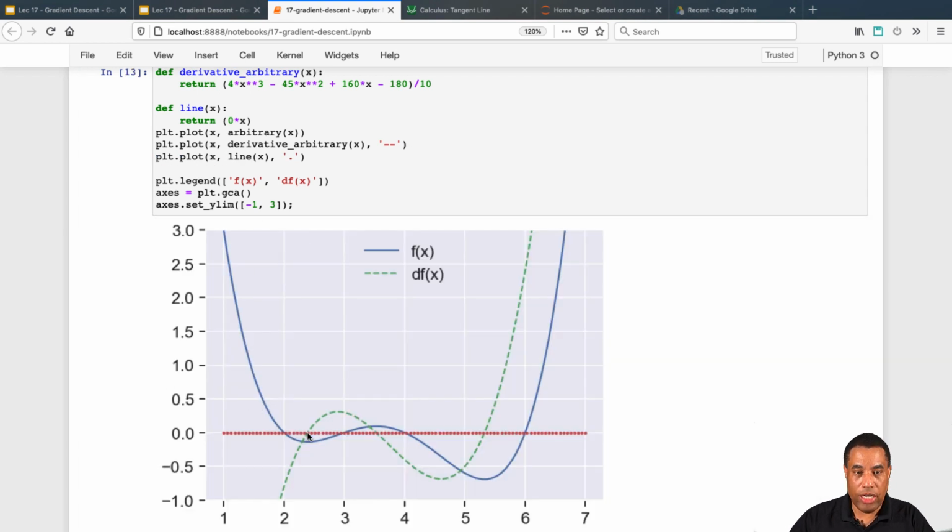I'm plotting a line at 0. And so we can see here, this is our local minimum when our derivative goes negative. Again, here where we intersect is where we're at a local maximum, and our global minimum is going to be here where our derivative intersects 0.